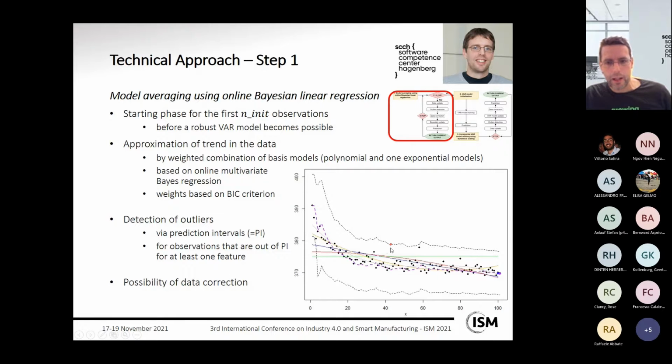And then estimating prediction intervals, we can identify data points like this red dot that are outliers because they are outside of the boundaries.